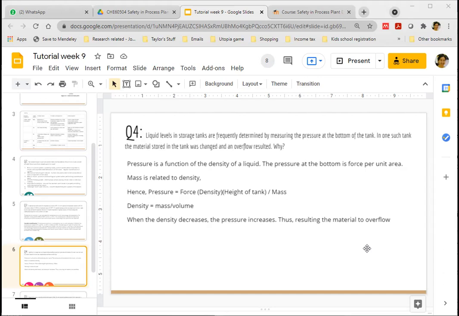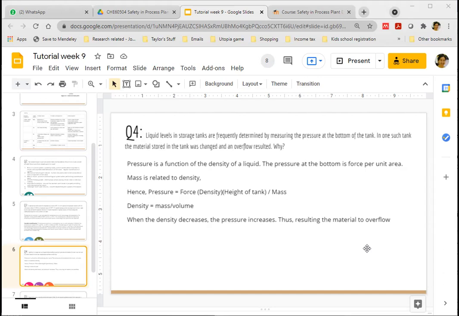So if you are not given any budget to change the liquid sensors, the easiest way is to recalibrate the pressure sensors down there to fit the new chemicals that you want to use.